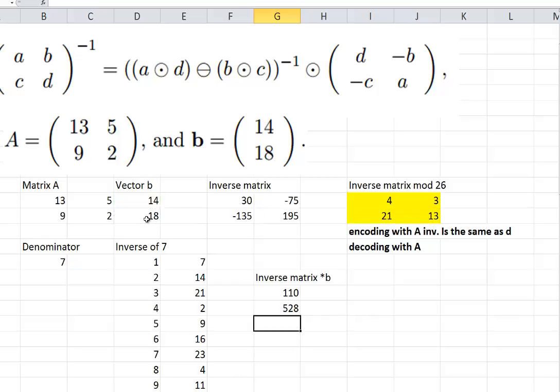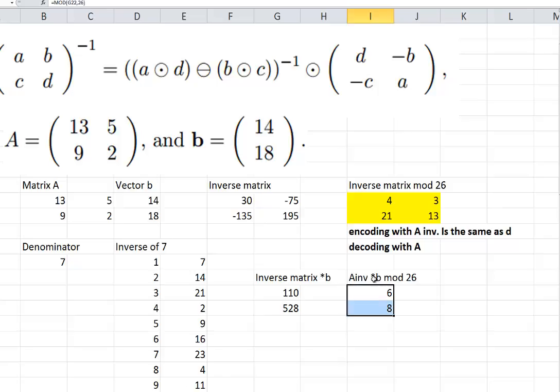That's going to give me my inverse matrix times B. I need to get the answer mod 26, so I'll take the mod of this result with 26, and the same thing for this one. That gives me my A inverse times B mod 26.